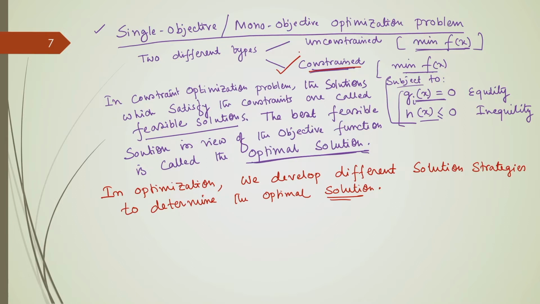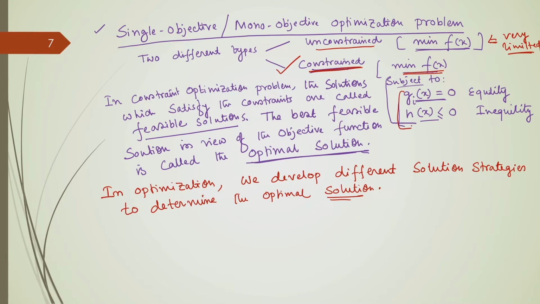And most of the engineering problems are constrained optimization problems. Unconstrained optimization problems are very limited. So, most of the engineering optimization problems, such as our distribution system planning problem, are constrained optimization problems, where we have some objective function, minimization of some f(x) subject to a number of constraints.